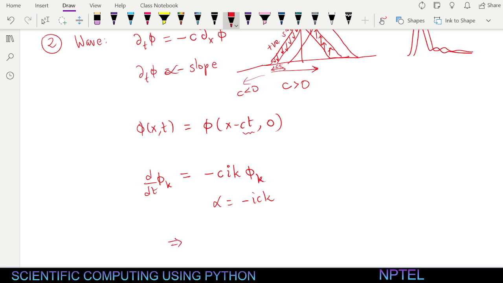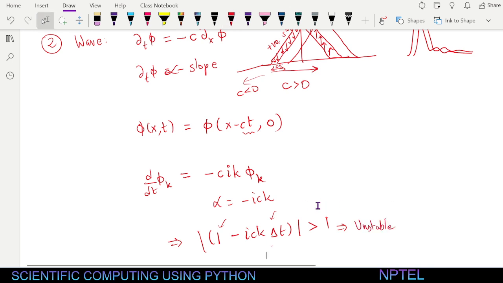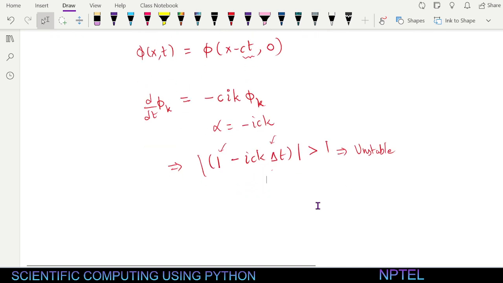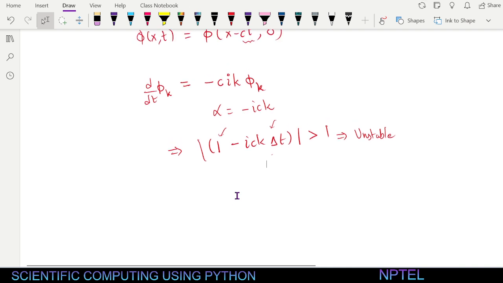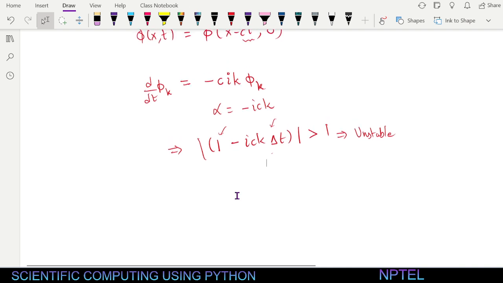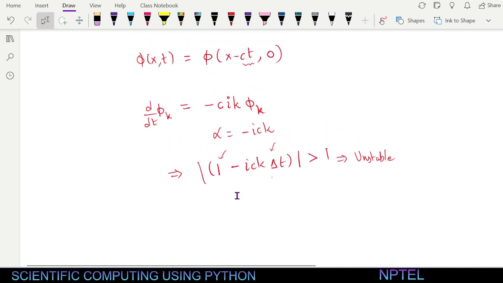Which means the factor that you multiply is going to be 1 minus ick delta t, and the mod of this is always greater than 1, because 1 is the real part and you have some imaginary part as well, which means it's unstable. Does not really matter what delta t you choose, right? If delta t is small, then it will take some time to diverge, but it will eventually diverge. So you cannot solve this using Euler forward. You need to have RK2 at the very least.